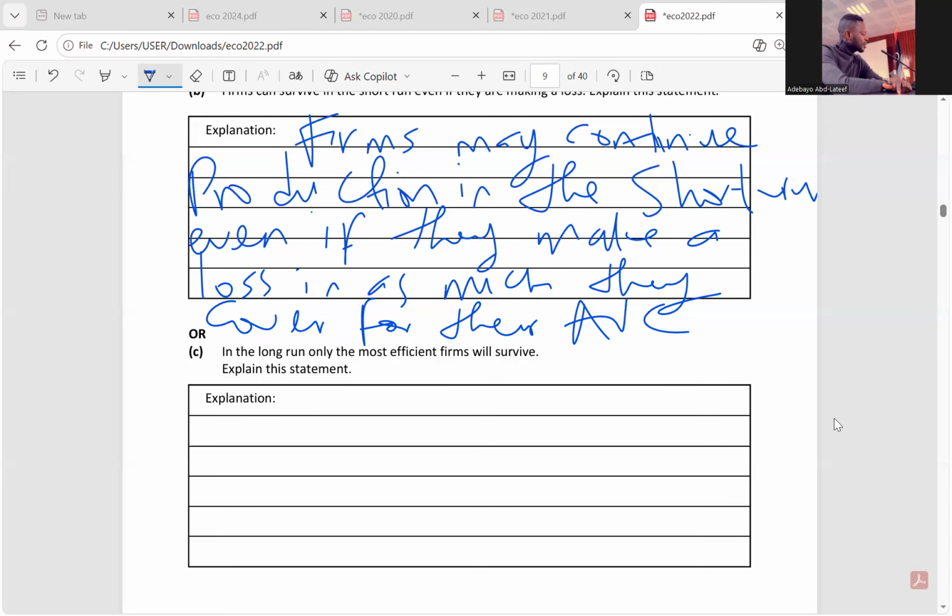In the long run, the most efficient firms will survive. Explain this statement.